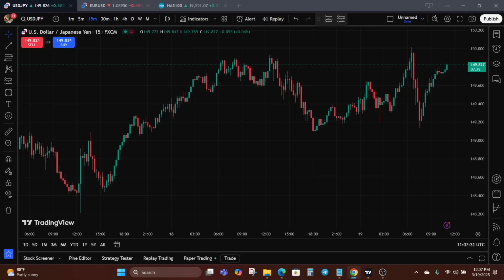This single tool combines trend confirmation, momentum, and volatility analysis into one system, making your strategy more efficient and your trades more precise. Stay with me until the end because I'll be showing you exactly how to set it up, the best settings to use, and of course, a couple of examples to help you master it.